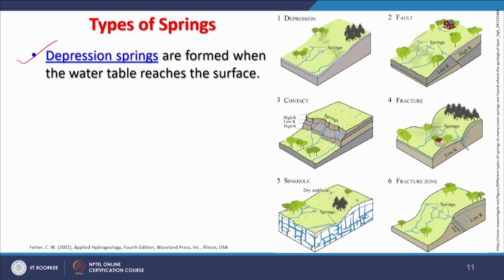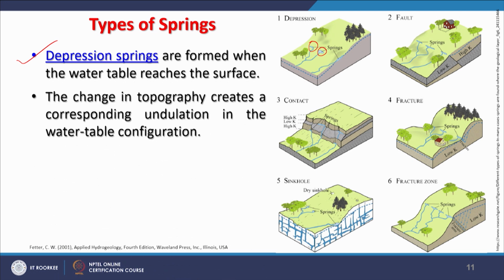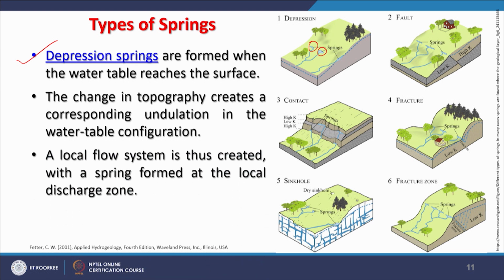An example here is that you have some kind of lower area from where water is coming out, and a drain is formed from there itself. This is because a change in topography creates a corresponding undulation in the water table configuration, and these kinds of springs are quite common.